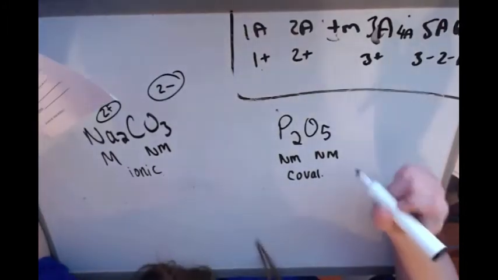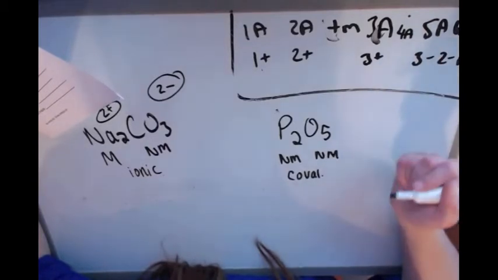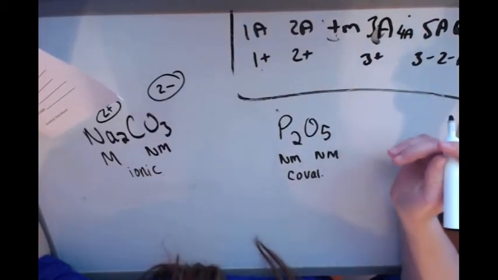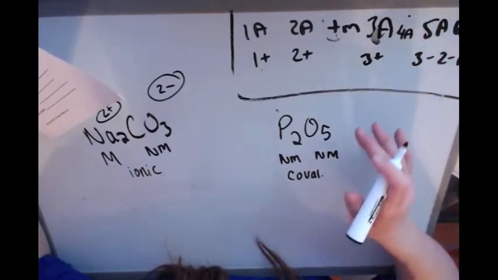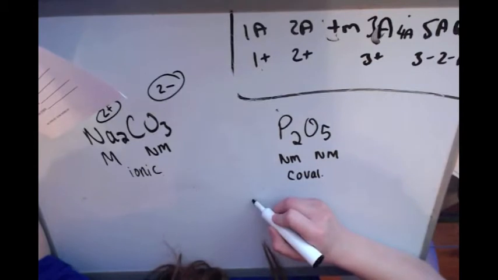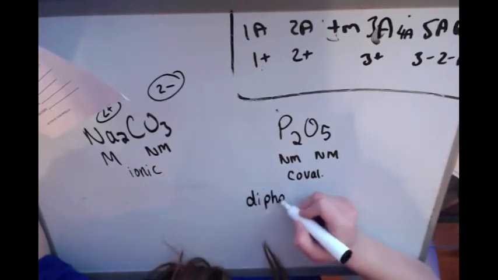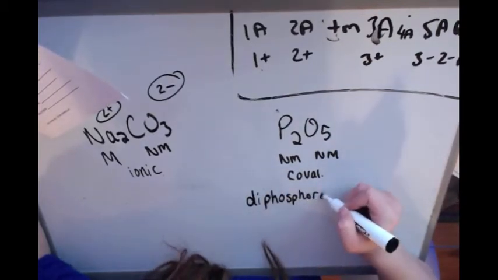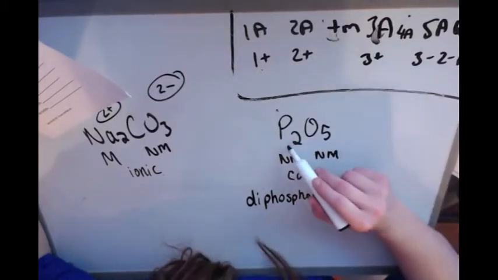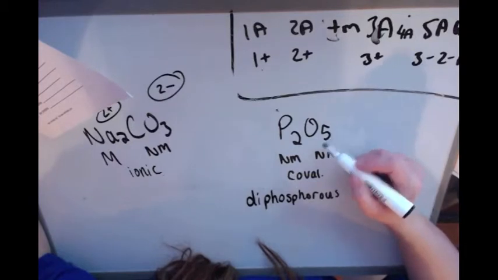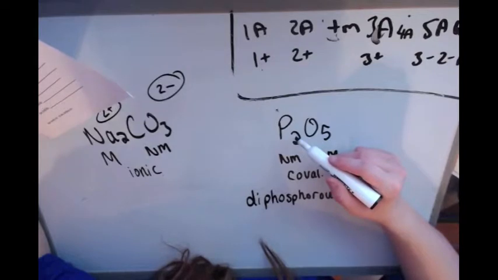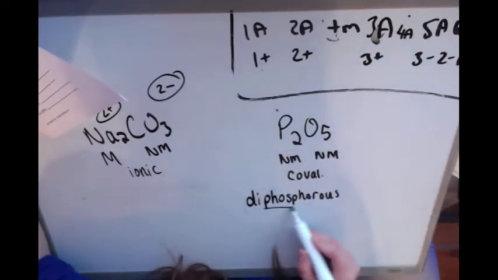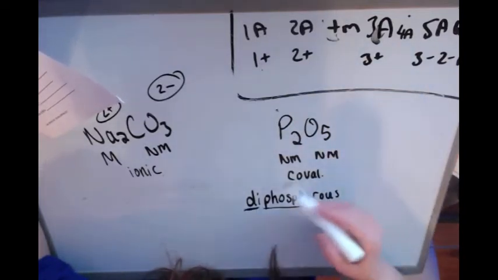With covalent compounds, it's nonmetal and nonmetal, there's no charges involved, so we do have to differentiate with prefixes. So here I'm going to write diphosphorus. Notice that the first atom listed is on the leftmost side, and this is on the rightmost side, left, right. And notice that the leftmost atom is just its name with how many atoms it has.